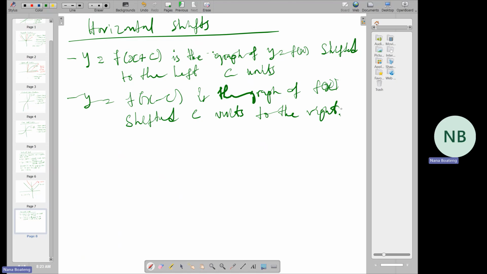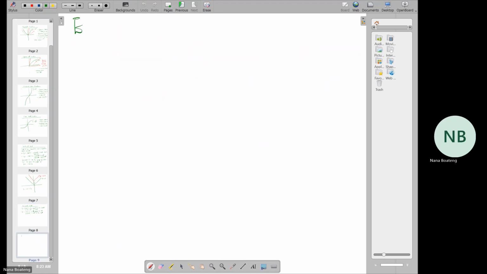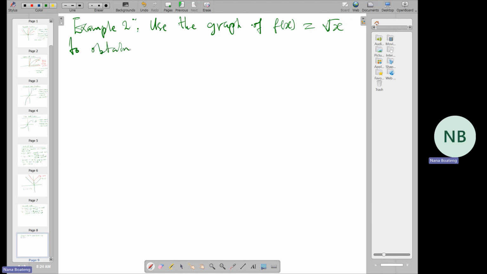All right, so let's look at an example. This should be our example 2, and it says use the graph of f of x is equal to the square root of x to obtain the graph of f of x is equal to the square root of x minus 4.